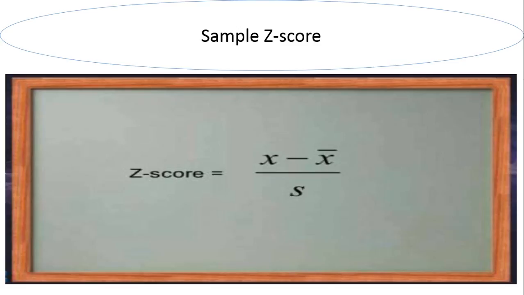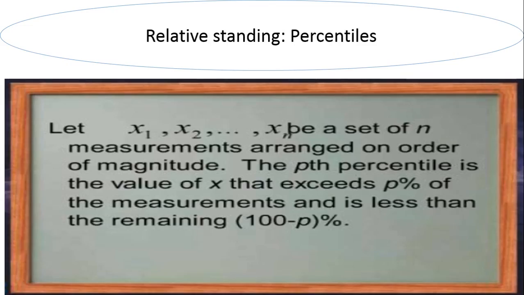So another relative standing is percentiles. If you have n observations, x1, x2 to xn, suppose that our measurements are arranged in order of magnitude.